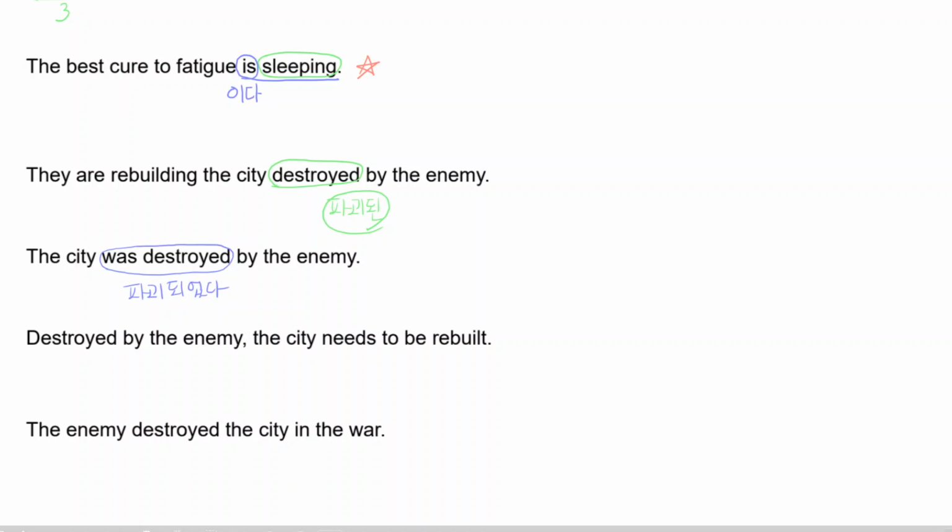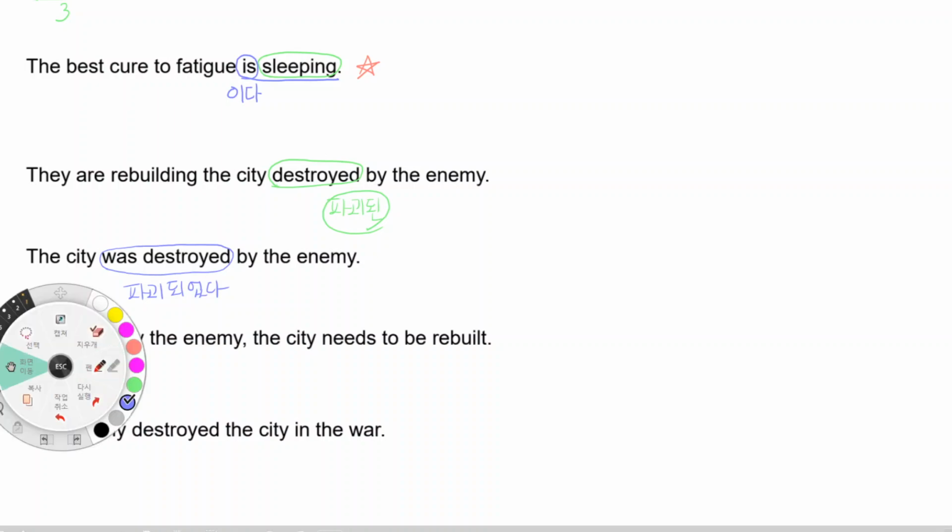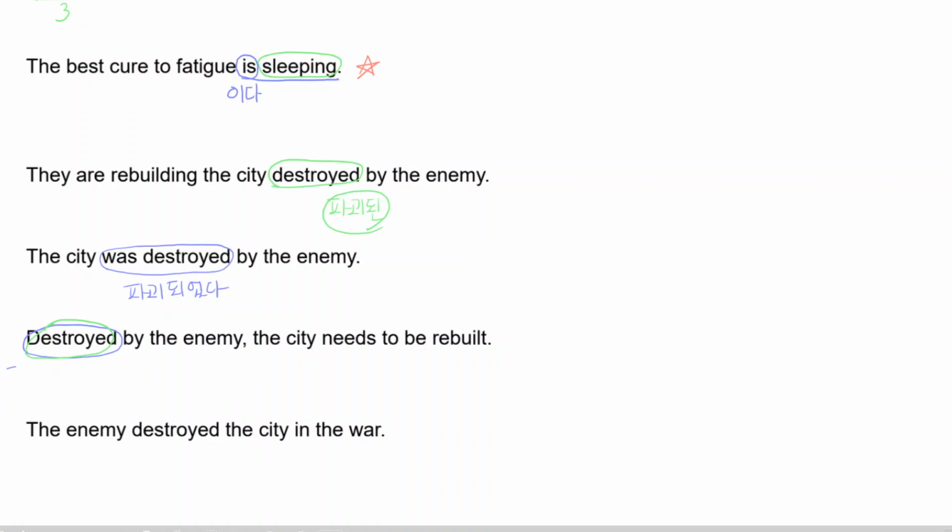Destroyed by the enemy. Like I said, it could mean either blue or green, right? If it is blue, it means 파괴되었다. 파괴했다.